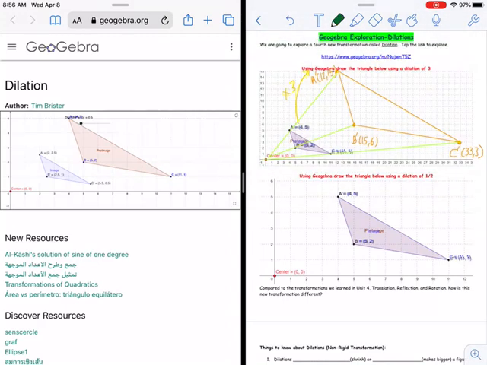A prime is now 2, 2.5. All right, we have to deal with some decimals. We'll live though. That was 2, 2.5. B is now 2.5, 1. And then C becomes 5.5, 0.5.